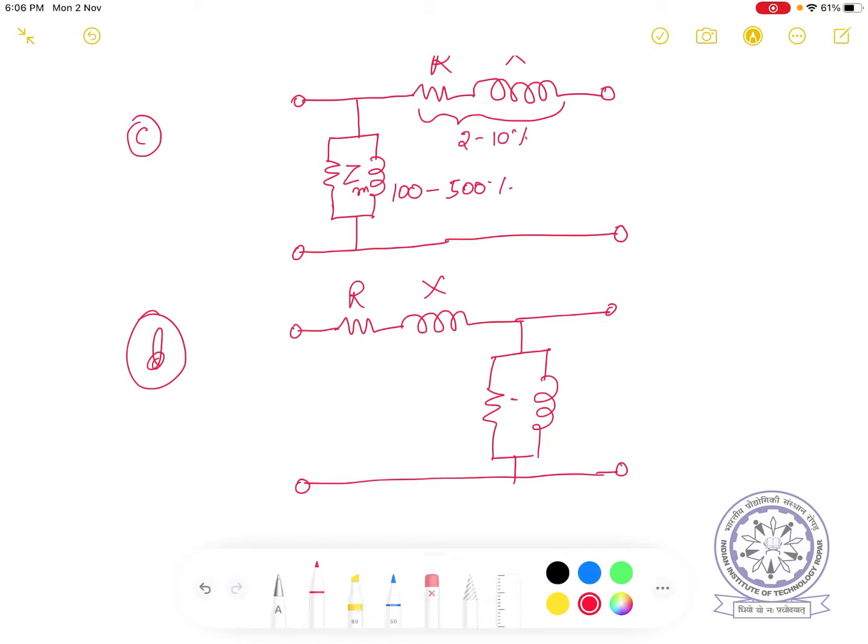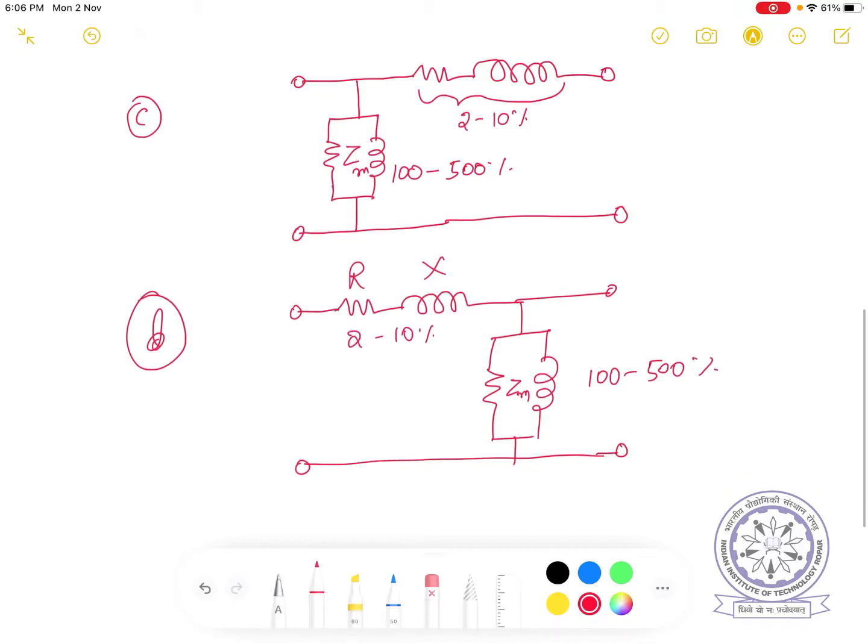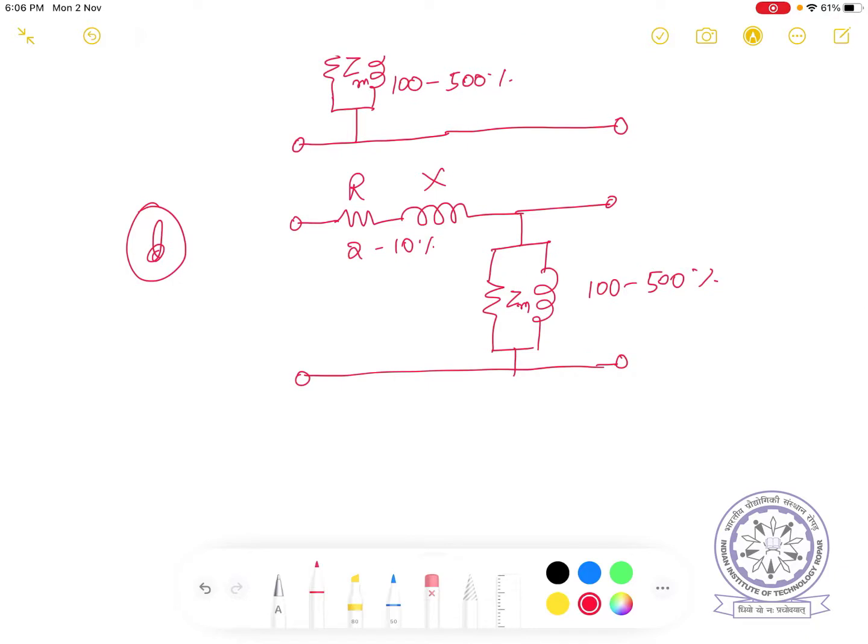This is again Zm. Here also this is around 100 to 500 percent, and this is 2 to 10 percent. The equivalent circuits C and D, though theoretically only approximate, are practically satisfactory for most purposes.